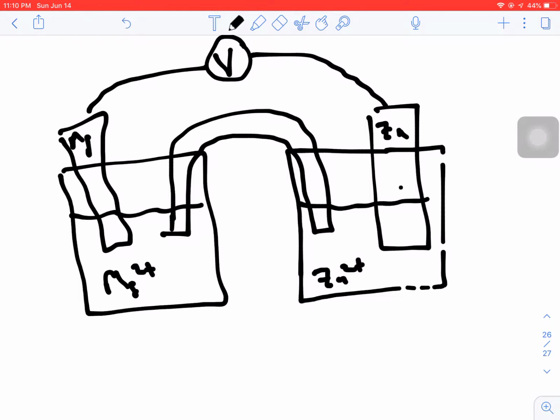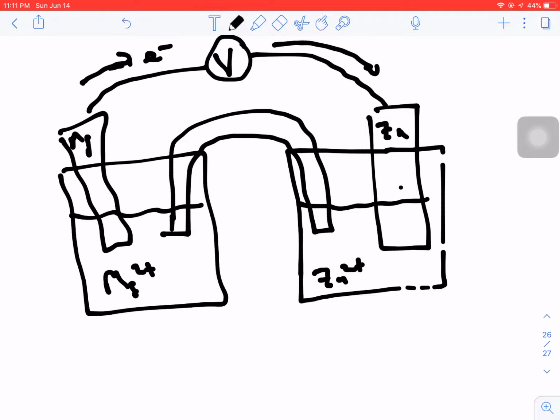So in this case, for magnesium and zinc, magnesium is higher than zinc. So because the magnesium is higher than zinc, the magnesium is going to give up its electrons and electrons are traveling that way. Okay, whichever one's higher on the list is more easily oxidized and it will give up its electrons.